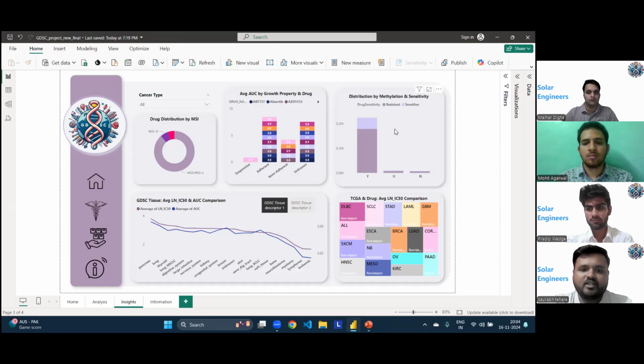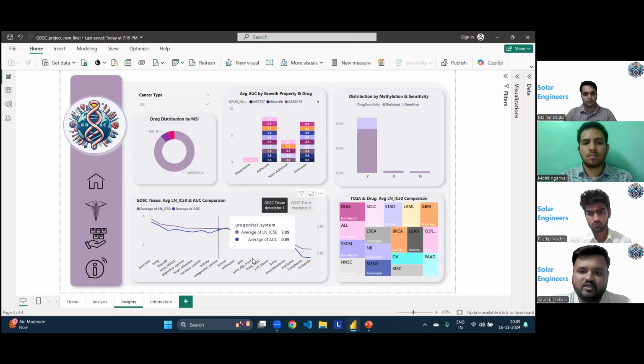And the next graph is about the GDSC tissue, which is the average LN IC50 and AUC comparison. LN IC50 reflects the drug potency, which shows that the lower the value, the higher the potency, and AUC indicates the effectiveness of the drug. So overall the graph is comparing the drug sensitivity across the tissue types.